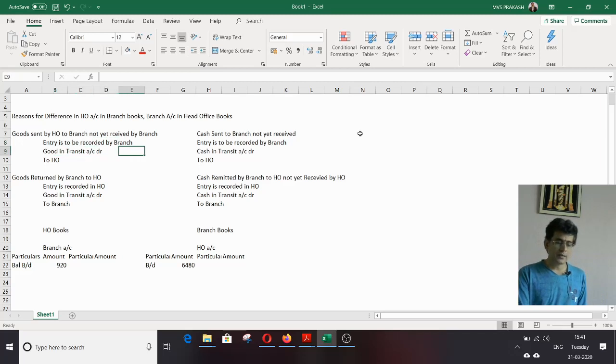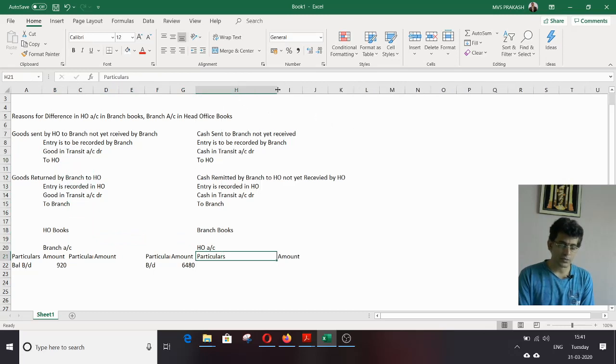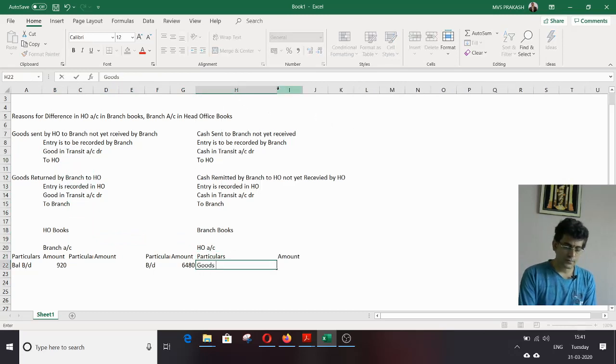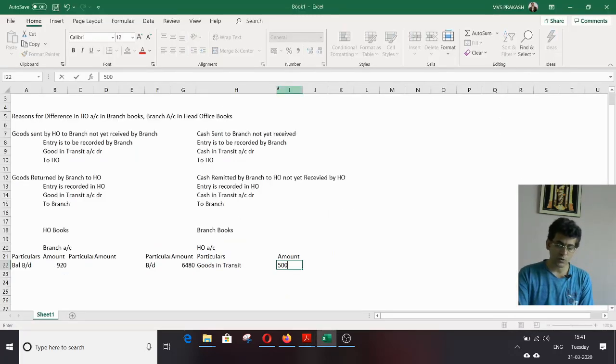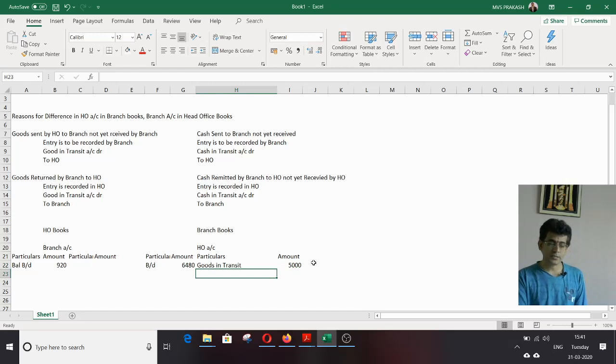The entry to be passed is: goods in transit account to head office. So ultimately, in the head office account, I have to consider goods in transit, amounting to 5,000. That is the transaction.